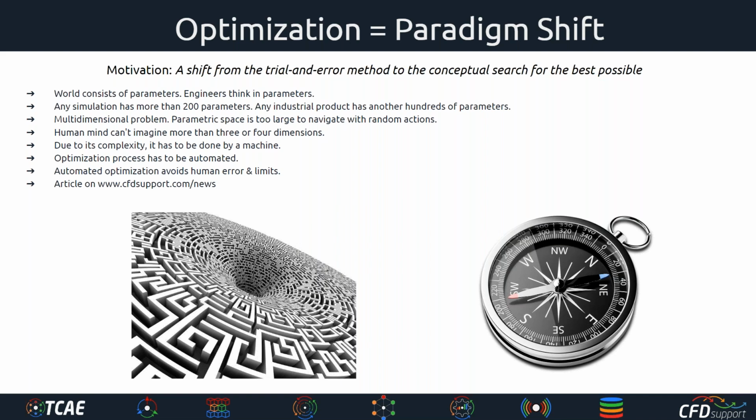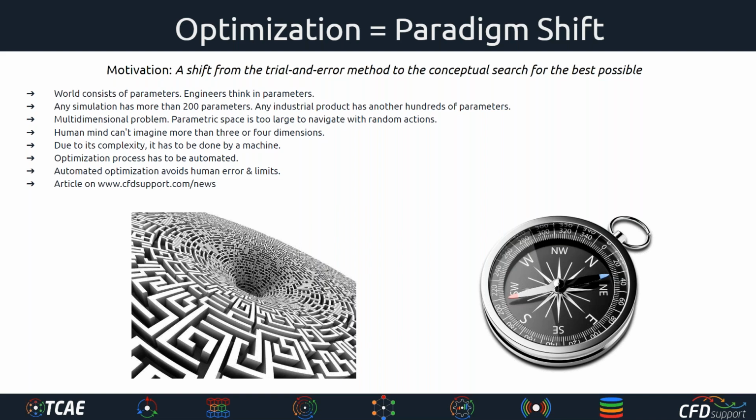We are engineers, and we believe that the world consists of parameters. And if you know the key, if you play with the parameters, then you can move systematically forward. As you know, any simulation has a lot of parameters. Any industrial product has another lot of parameters.